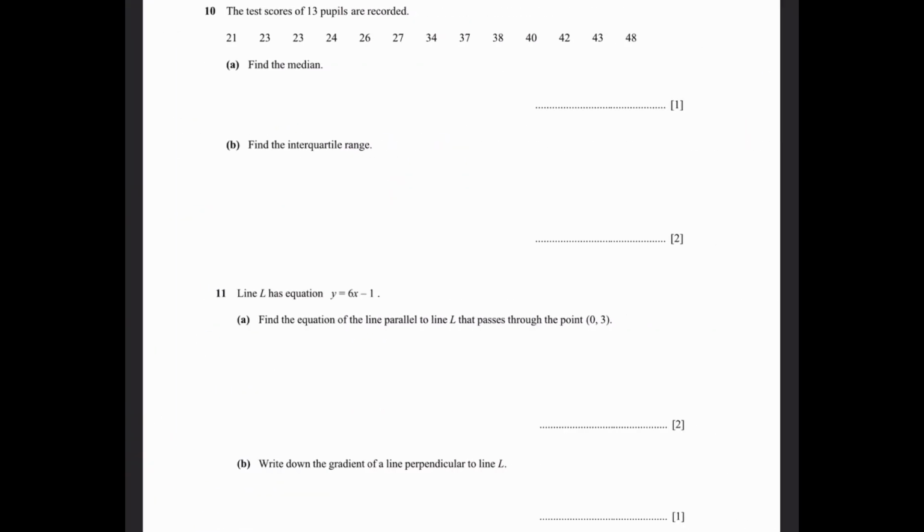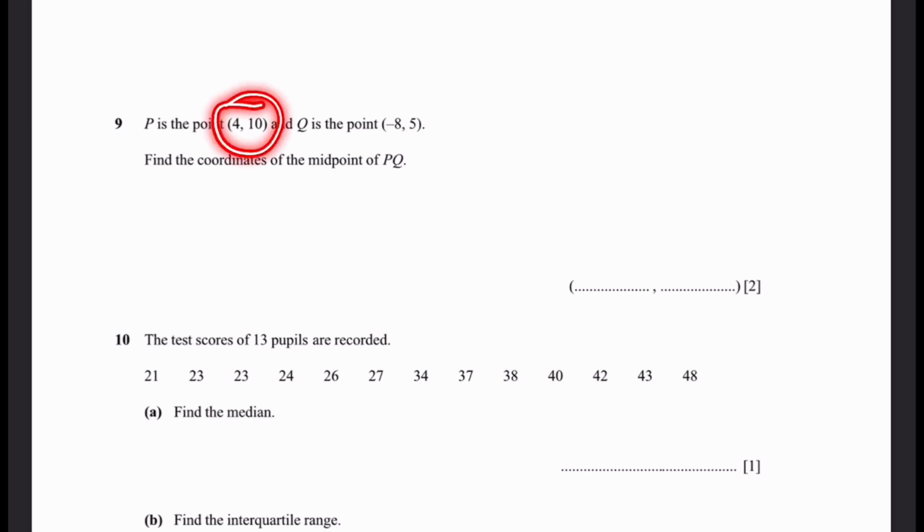Let's go to question 9. P is the point 4, 10 and Q is the point -8, 5. Find the coordinates of the midpoint of PQ. Simplest way to do this is to just use the formula for a midpoint, which is, let's take this as x1, y1, and this will be x2, y2.